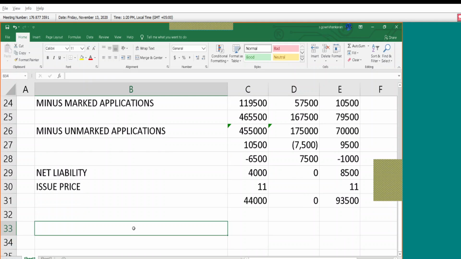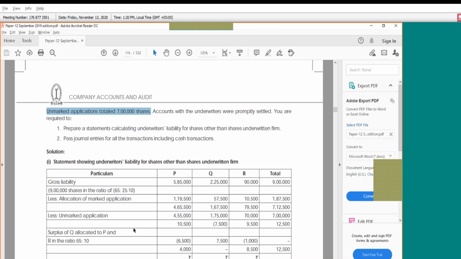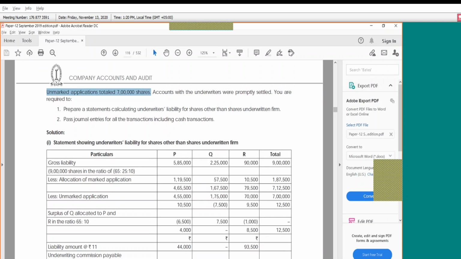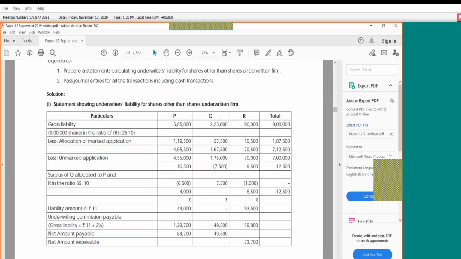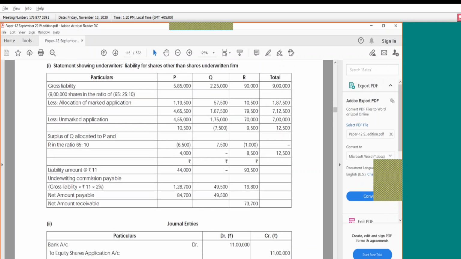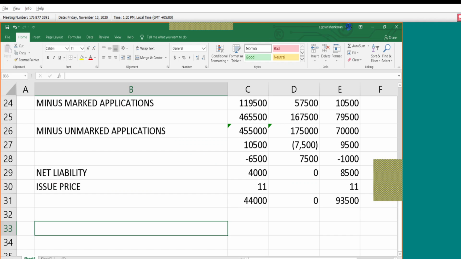So what is the next step? First, they are asking us to calculate the liability, next they are asking us to calculate the commission, and the last thing is they are asking us to calculate the journal entries. So, commission payable.